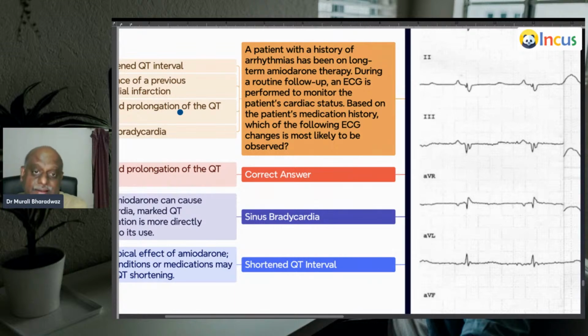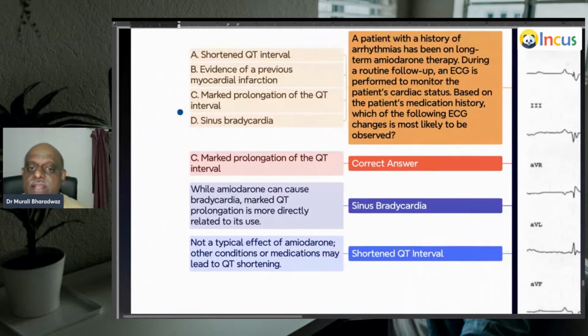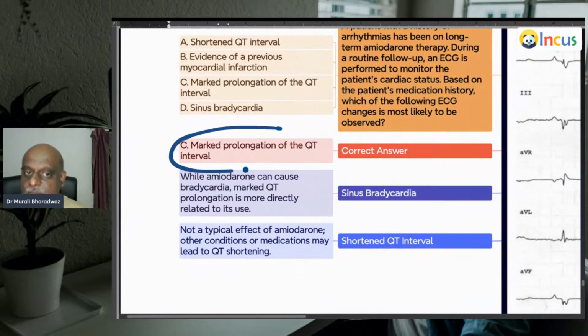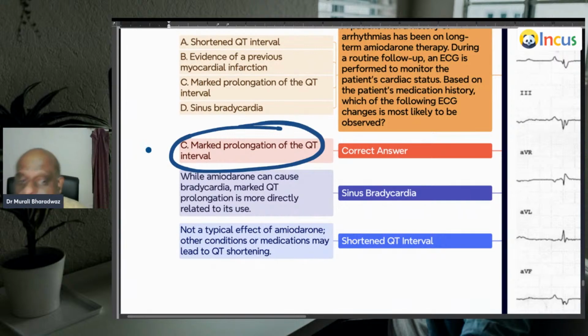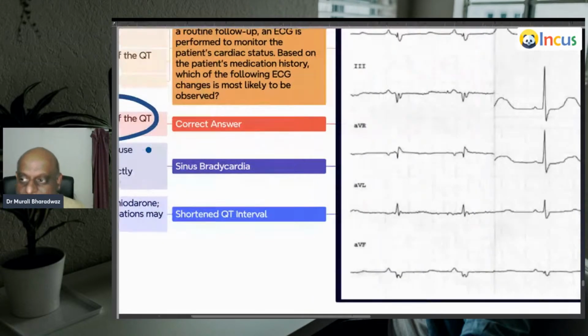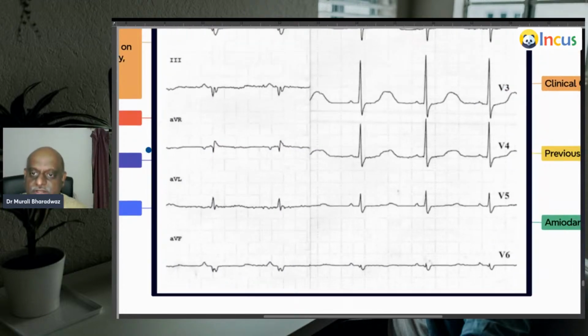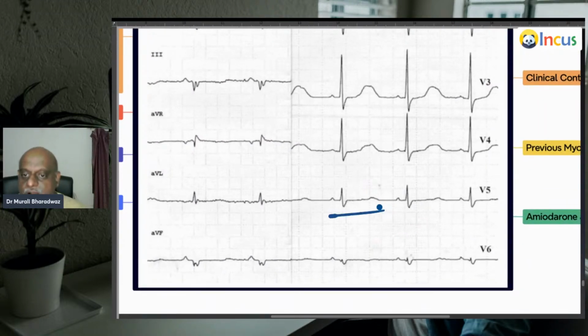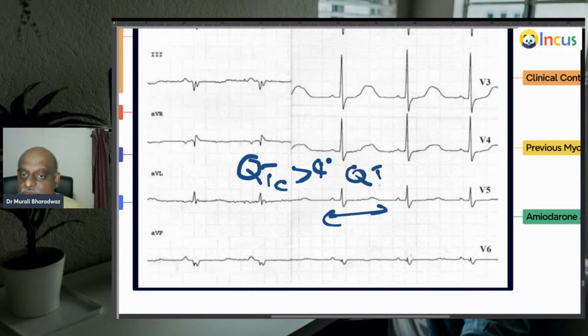Now, a patient with a history of arrhythmias has been on long-term amiodarone therapy. Which ECG changes are expected? Typically marked prolongation of the QT interval is one of the important features. What you are seeing here is marked QT prolongation. Whenever the corrected QT interval is more than 420 milliseconds, you call it prolonged QT.